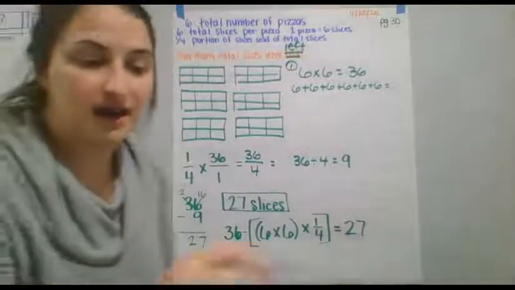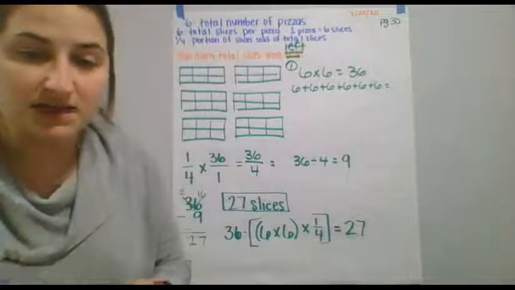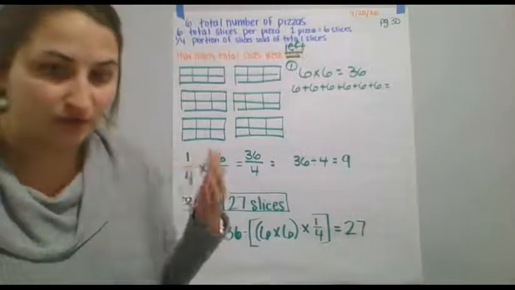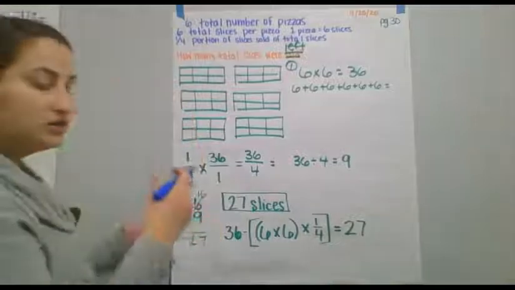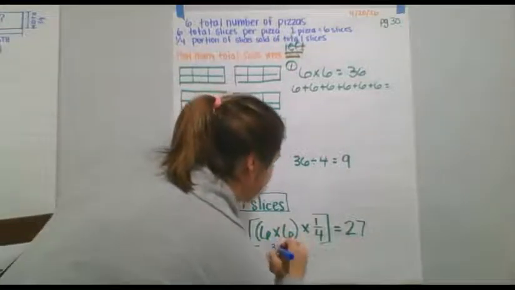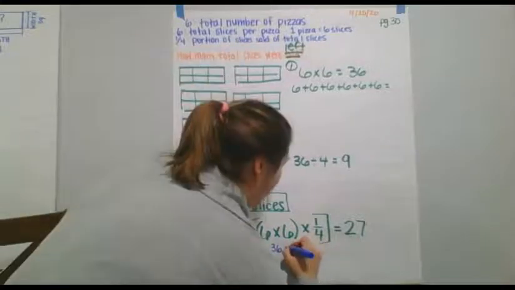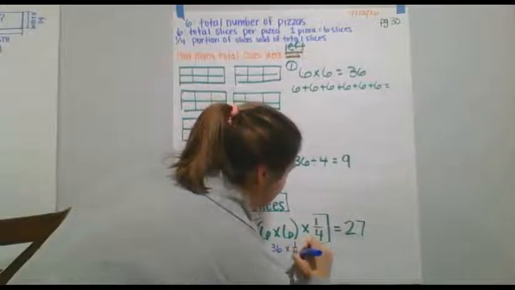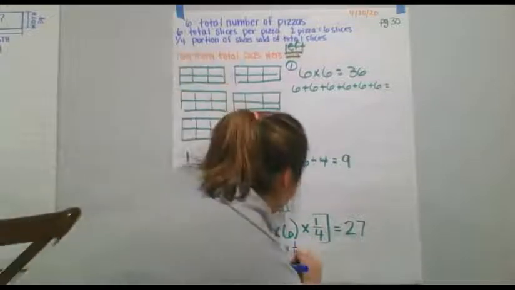And just to make sure that we're correct, it's also really important to go back through that. You can even solve it out yourself just to double check. So we said that 6 times 6 is 36. That's the first thing that we're going to do. We're going to multiply that times 1/4, which gives us 9.